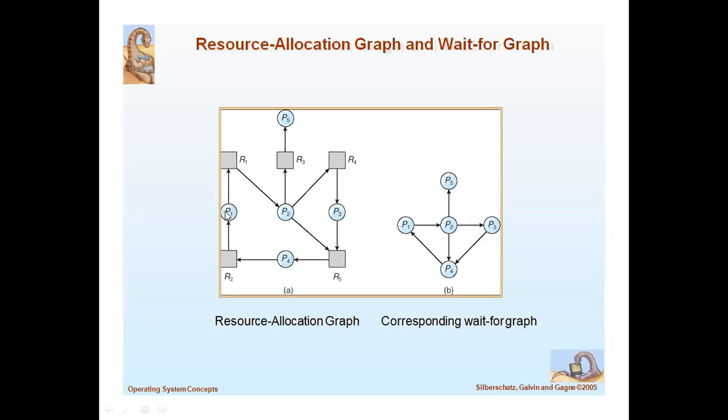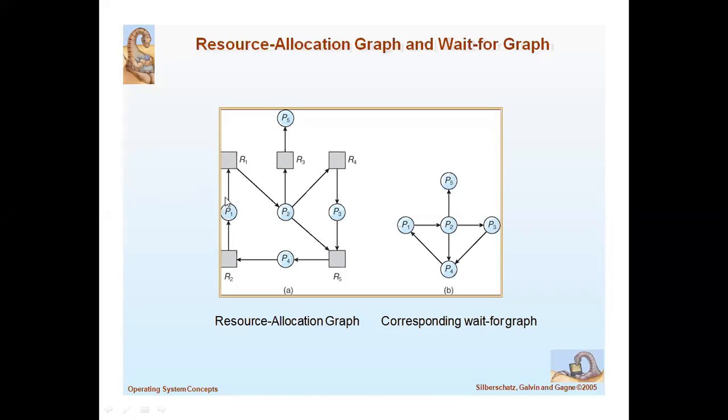So see, first P1. P1 is waiting for a resource R1, but R1 is held by another process, that is P2. You understand?